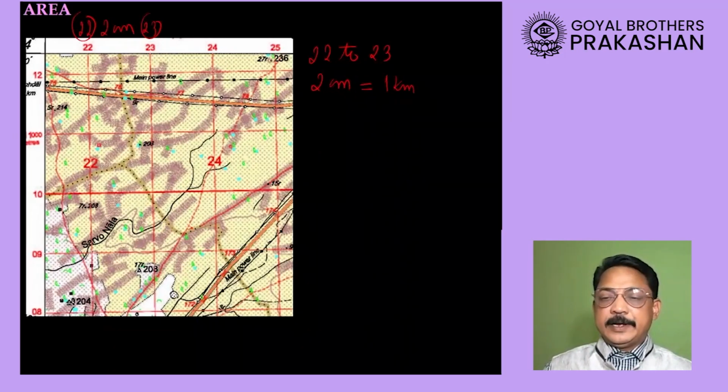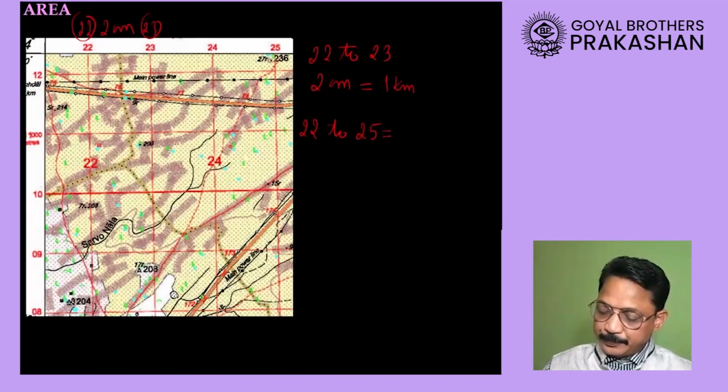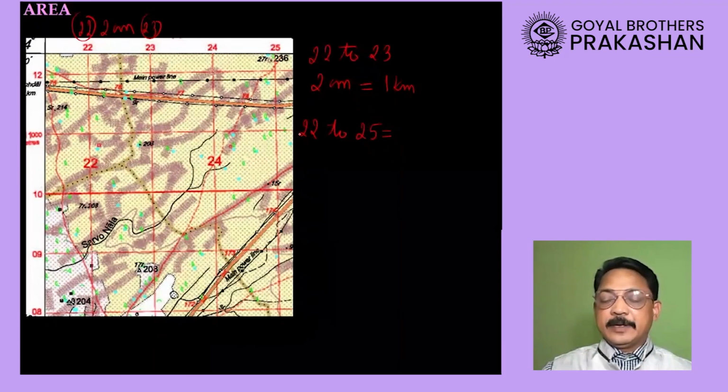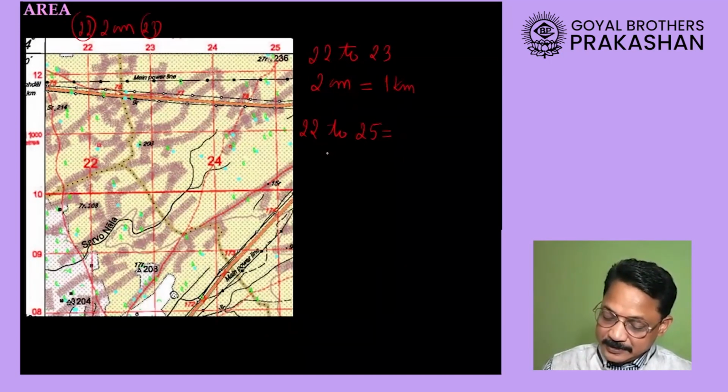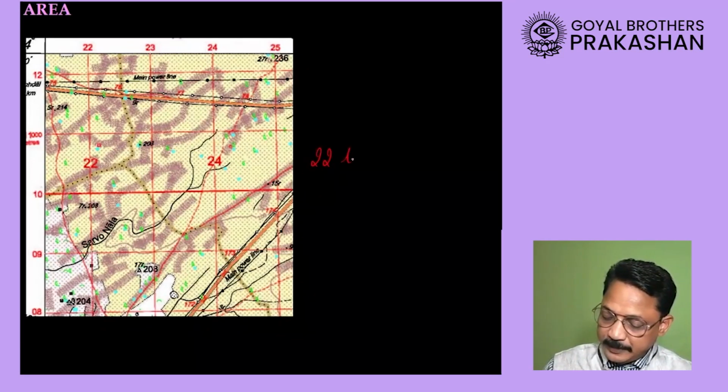So if I have to find between 22 to 25, how many centimeter will be there? 22 to 23, 2 centimeter, 23 to 24, 2 more centimeter, and 24 to 25 will be 2 more centimeter. That means total 6 centimeter, and this 6 centimeter will be equal to 3 kilometer. So on ground, from 22 to 25, if I take 25 minus 22, I get 3 kilometer on ground.